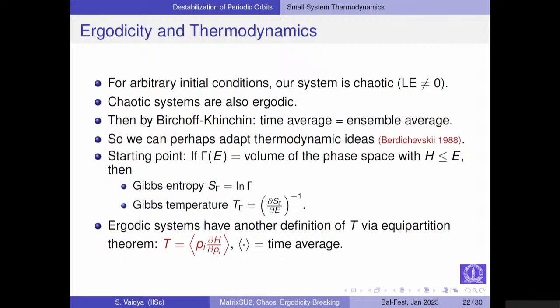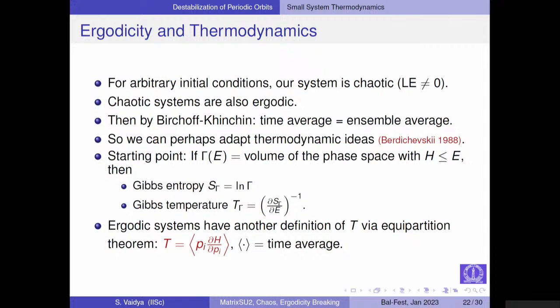So by an old theorem of Birkhoff and Khinchin, for ergodic systems, time average is the same as ensemble average, which, if you like, is one of the foundational principles of the way we do statistical mechanics. So if this is true for a chaotic system, then the question is, can we adapt thermodynamic ideas to describe this chaotic system, even though it's a system with just 6-dimensional phase space?